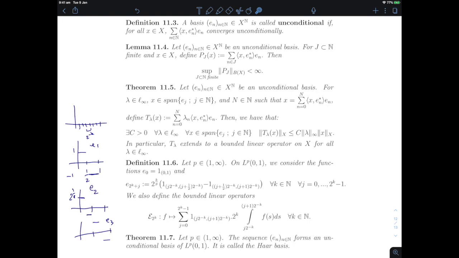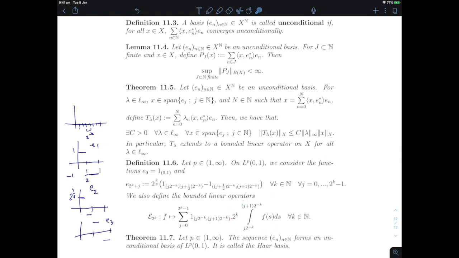You fix a scale 2 to the k, and then on any of the intervals that correspond to decomposing [0, 1] into intervals of size 2 to the -k, you replace the function by its average over that interval. So this is really an operator that sends a general function f to a simple function, and that simple function takes 2 to the k values, and on any one of these 2 to the k intervals of side length 2 to the -k, you replace the function by its average.